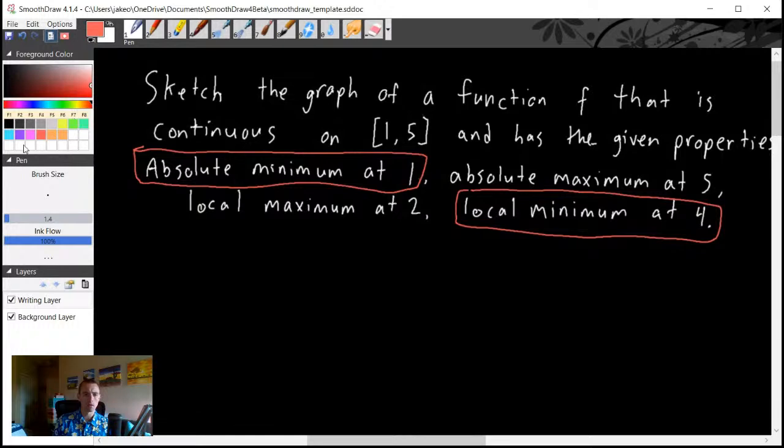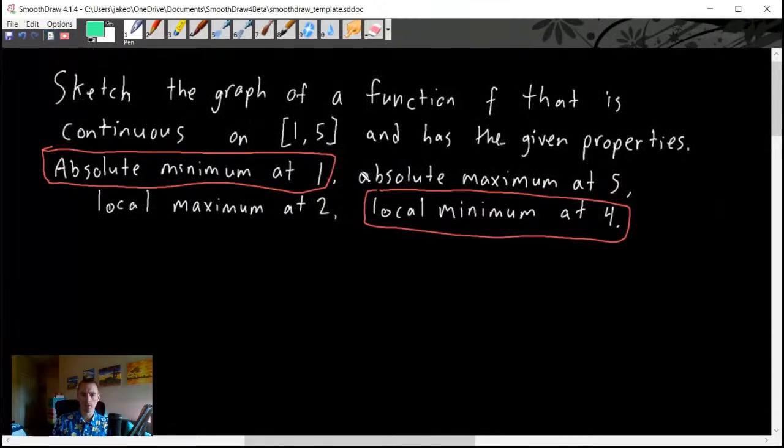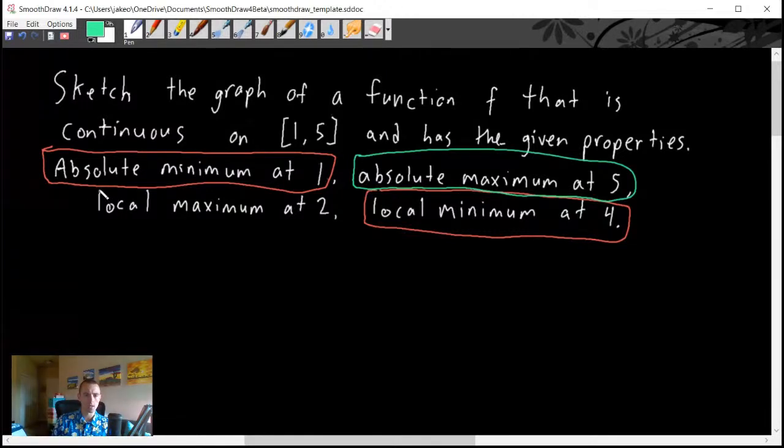And then let's go with a different color here. We'll go with this. So we have an absolute maximum at x equals 5 and a local maximum at x equals 2.